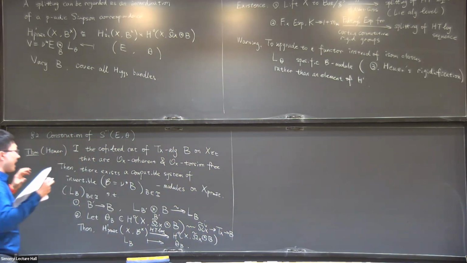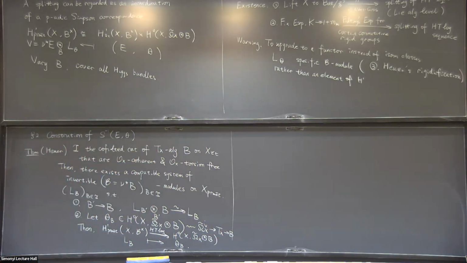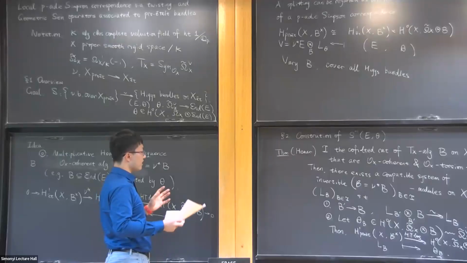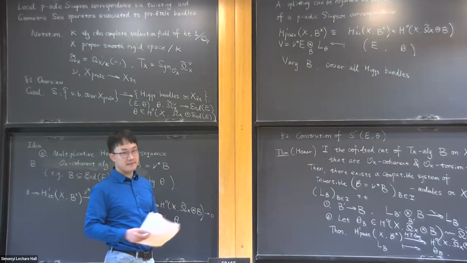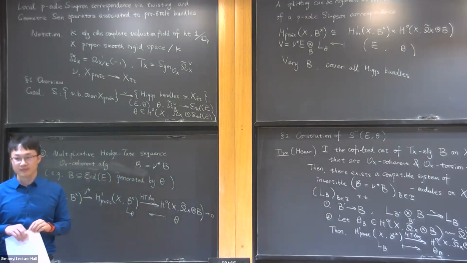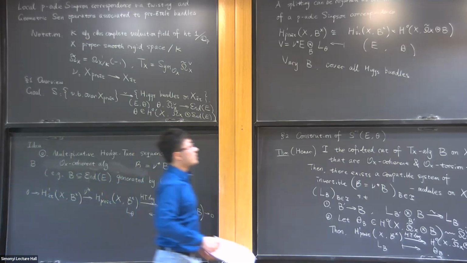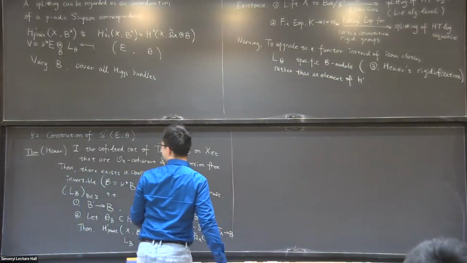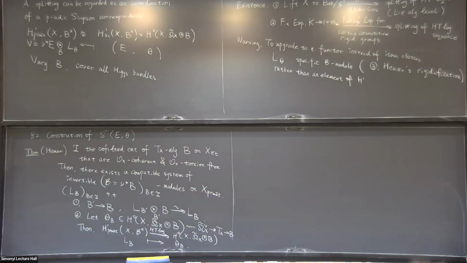Then by adding his rigidification, he kills all the isomorphisms, so he can obtain the true invertible modules. Any question? So this theorem is the combination of the four ingredients, 0, 1, 2, 3.